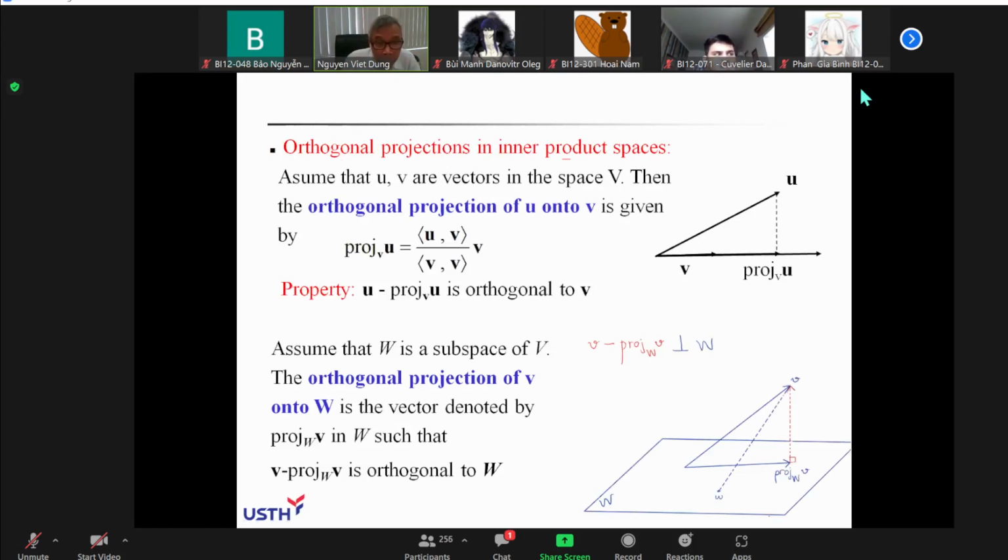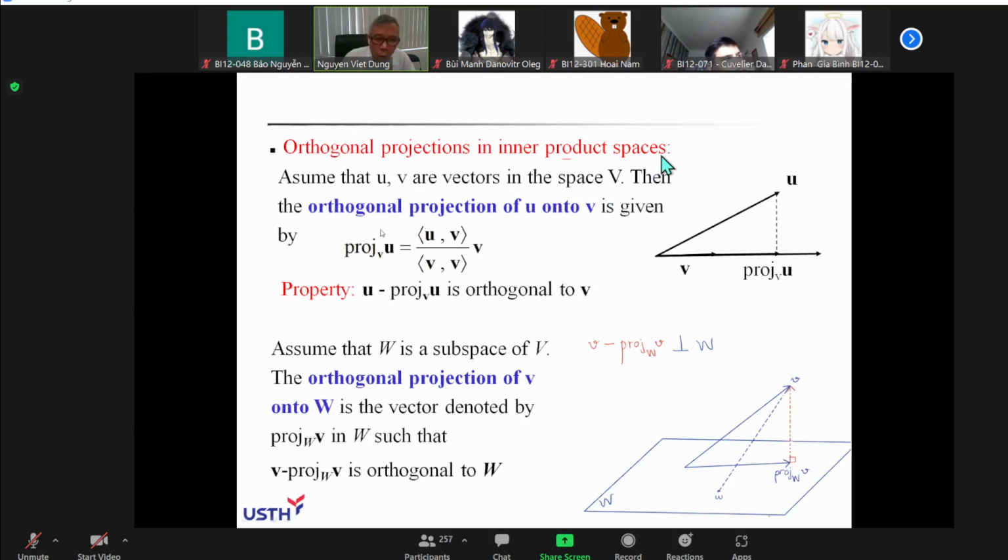In the next slide, I show you once again the orthogonal projection in inner product spaces. Before the break, we considered already the orthogonal projection of one vector on another vector. Here, I repeat it. Suppose that we are given u and v, two vectors in V, and v is non-zero.